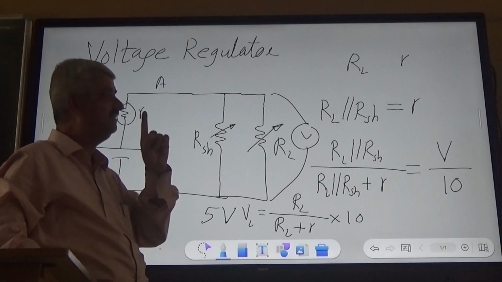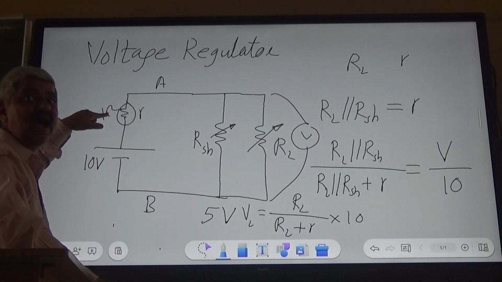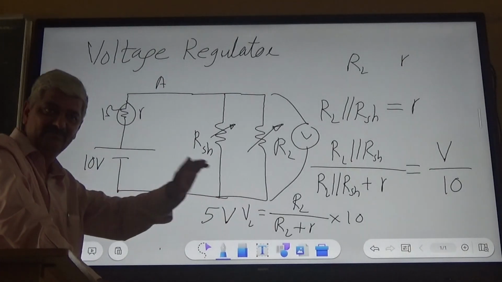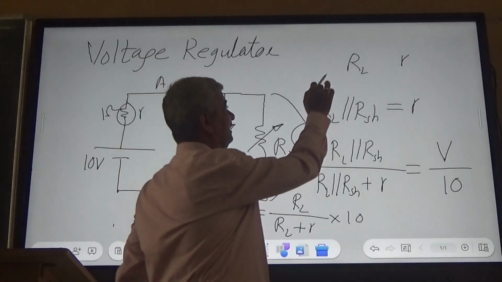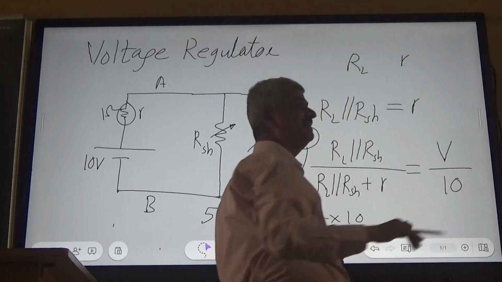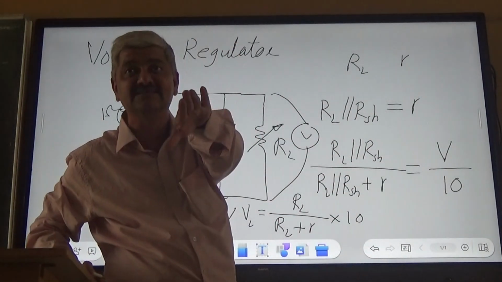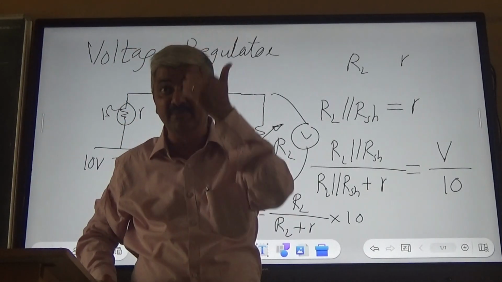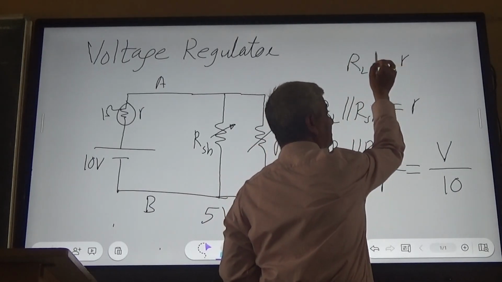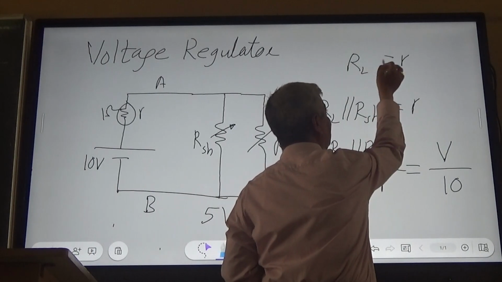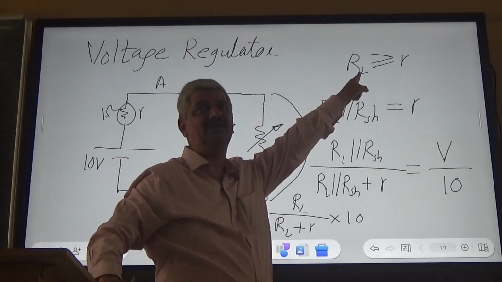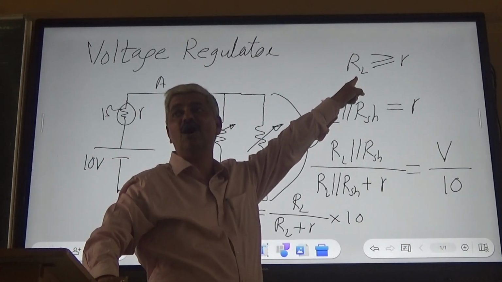This RL should not be less than R, because it is 5 and 10. Means there is a maximum load. Maximum load means minimum load resistance. Greater load means lower load resistance. So there is a limit on RL, and for this to function for 5 and 10, this RL has to be more than or equal to R.